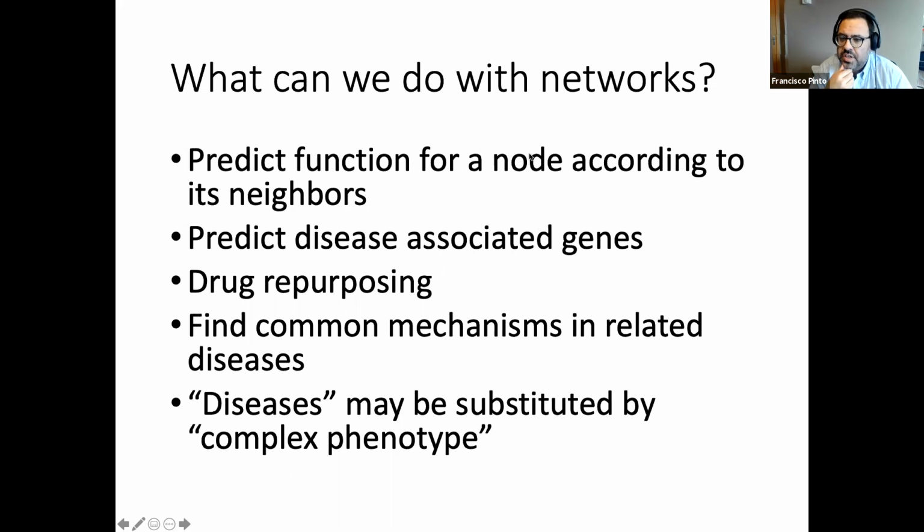And this principle is used, for example, to predict genes that are associated with a given disease. There are some proteins that are already known to be drug targets for a given disease.